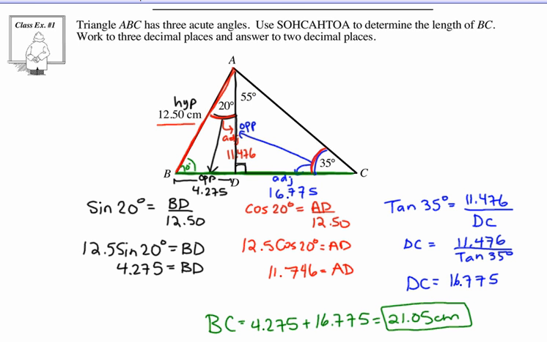So if we know those 2 things, now we can solve for side DC. Okay, so again, adjacent, we know, and we know opposite, that's the tan ratio. So tan gave us our side DC, right, 16.775, and we already know side BD. So together we can add them together to get our full length of DC, which is equal to 21.05.